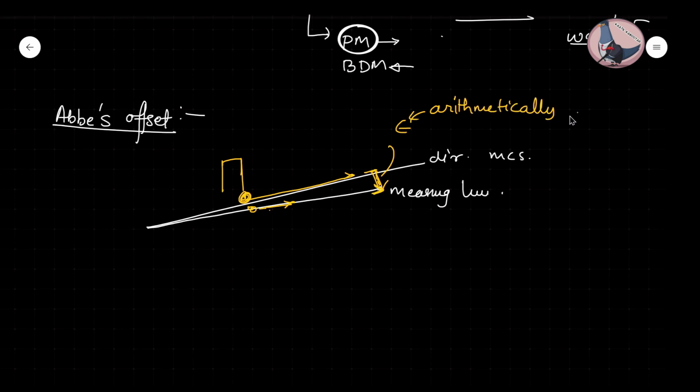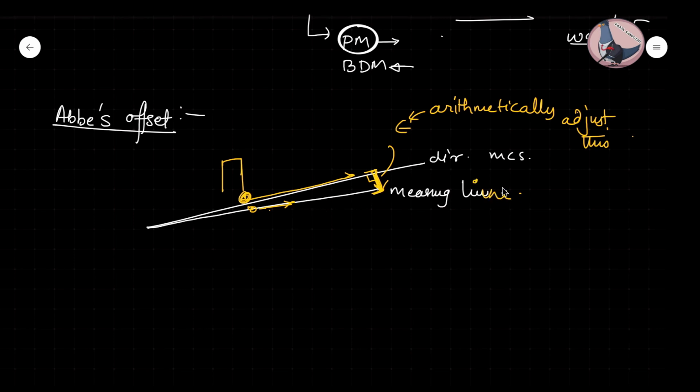So this particular deviation, the perpendicular distance between your measuring system and the measuring line.